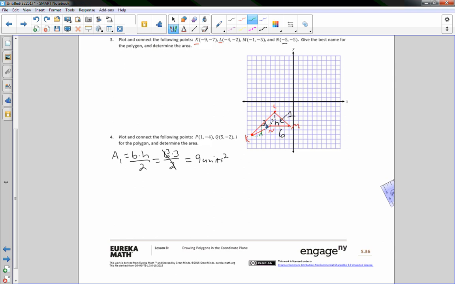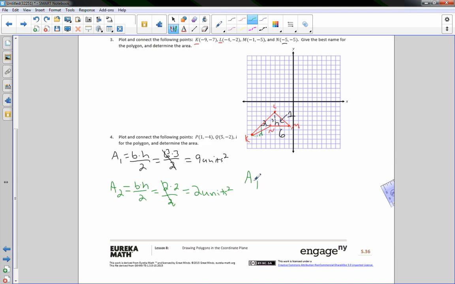So the base is 2. The area of triangle 2 is base times height divided by 2, which equals a base of 2 times a height of 2 divided by 2. Well, that's going to cancel one of my 2's, and that area is 2 units squared.